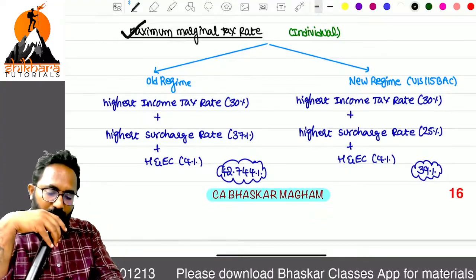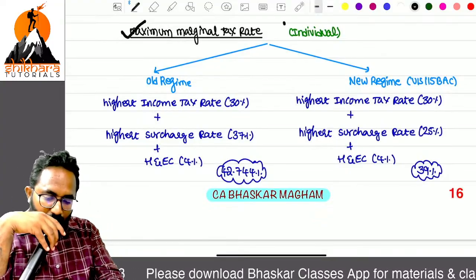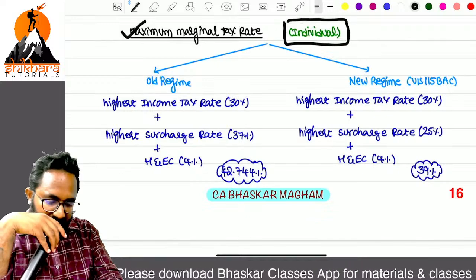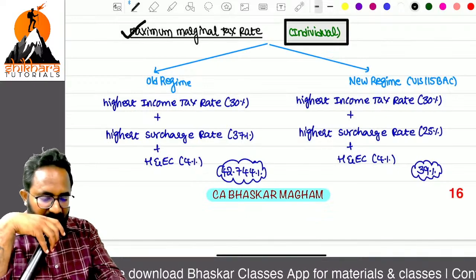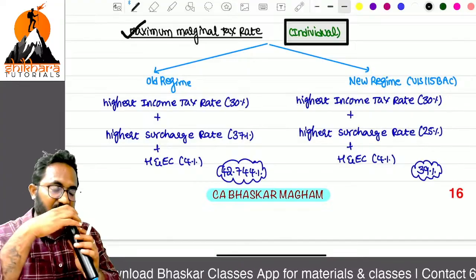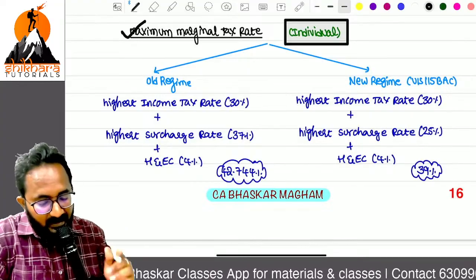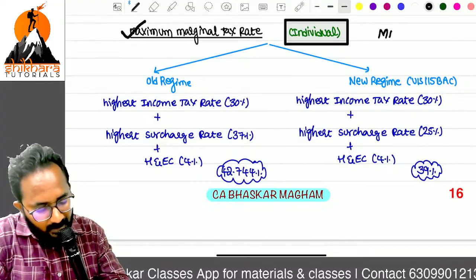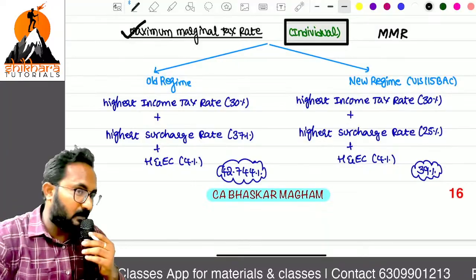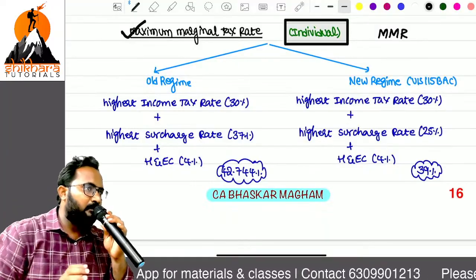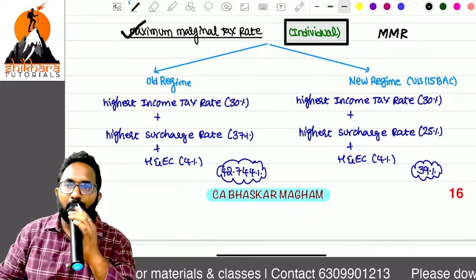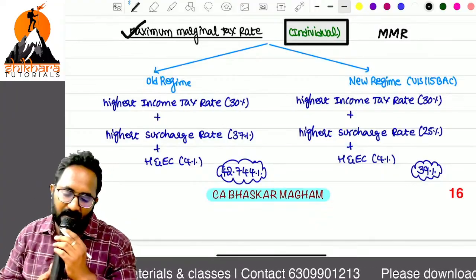Now I will reveal what the maximum marginal tax rate is for an individual. In the exam also they can give it as MMR, which means maximum marginal tax rate.